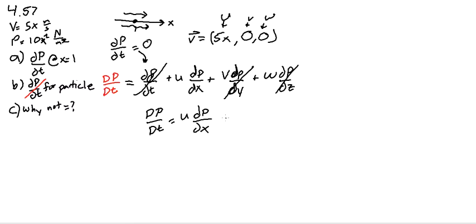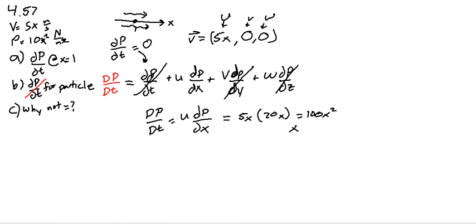Okay, so this is 5x times dp dx, so the derivative of this with respect to x is 20x, which equals 100 x squared.